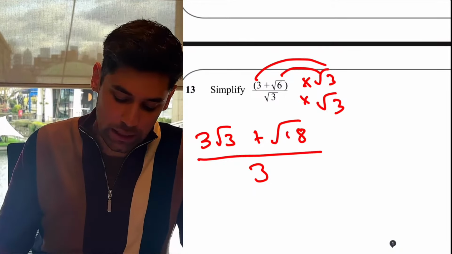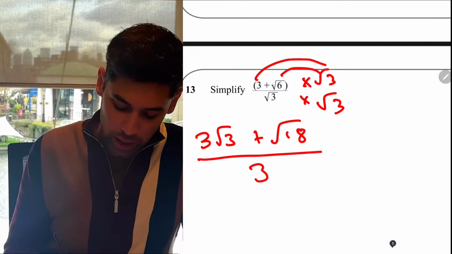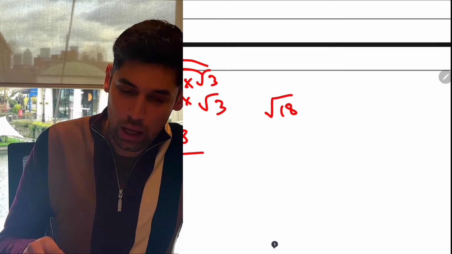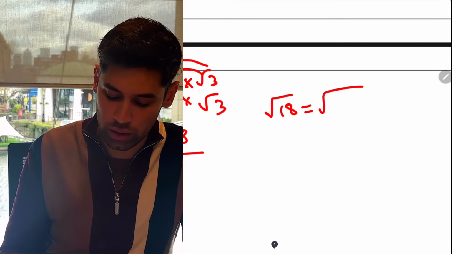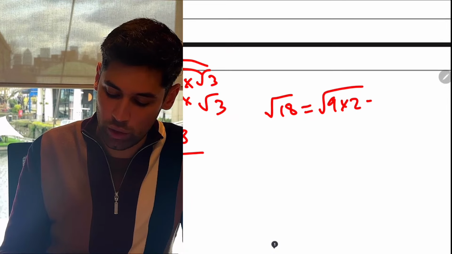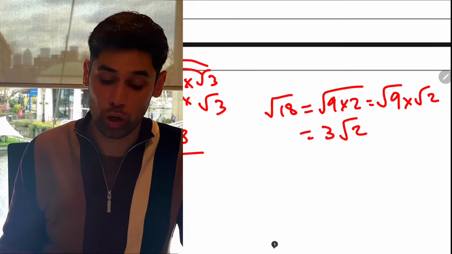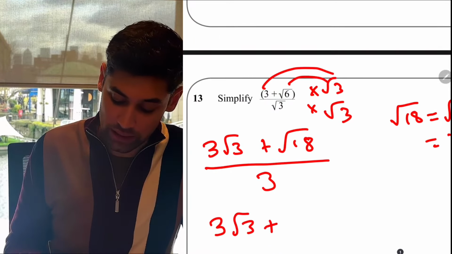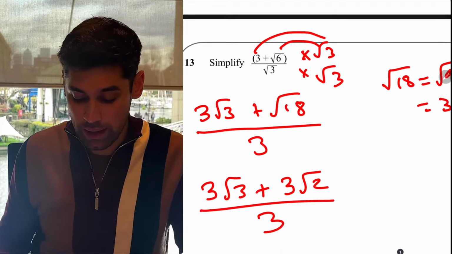So if we simplify this, so root 18, if we take root 18 to one side, so let's do that over here. So root 18, 9 goes into that. So we'll write that as root 9 times 2, which is root 9 times root 2, which is 3 root 2. Go back to our question. 3 root 3 plus, now we know to be 3 root 2 over 3.